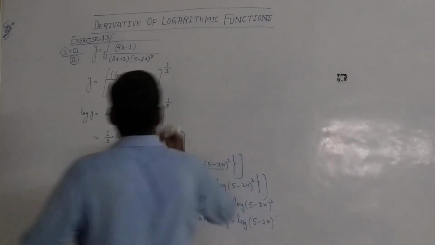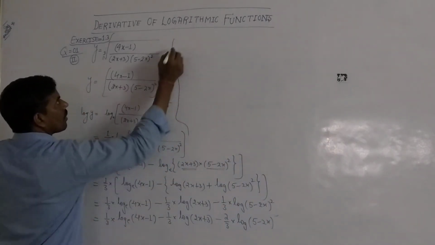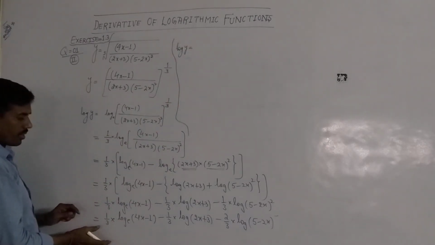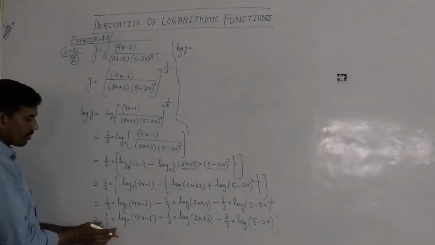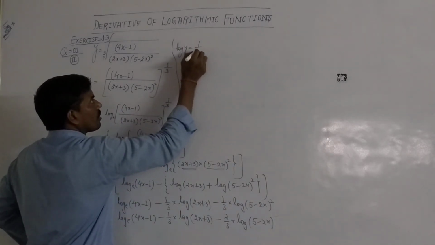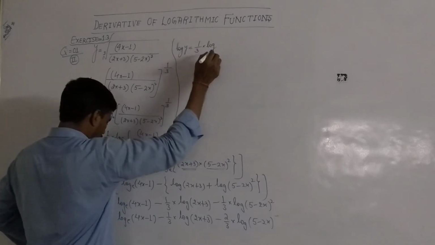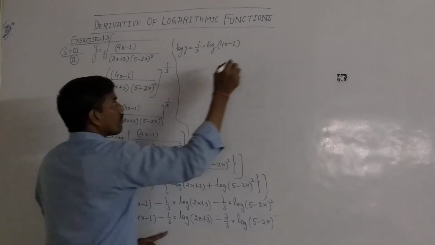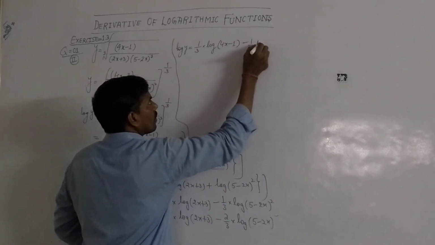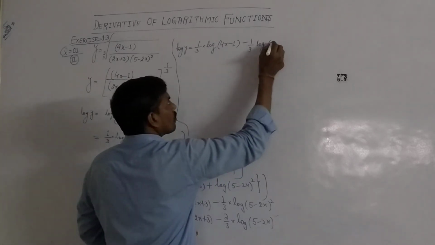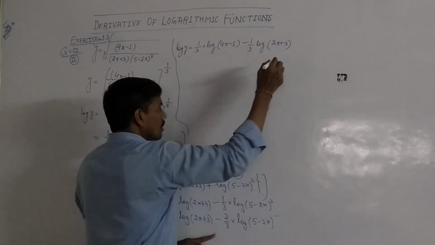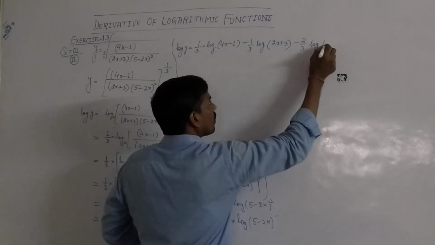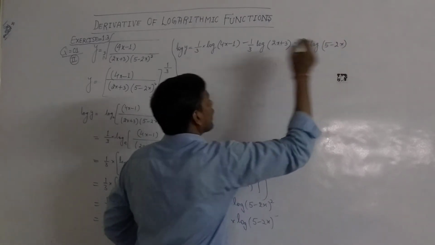Okay, students, so we have log of y is equal to, again, I am writing again, 1 by 3 into log of 4x minus 1 minus 1 by 3 log of 2x plus 3 minus 2 by 3 into log of 5 minus 2x.